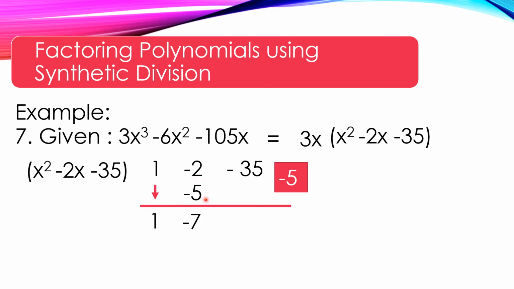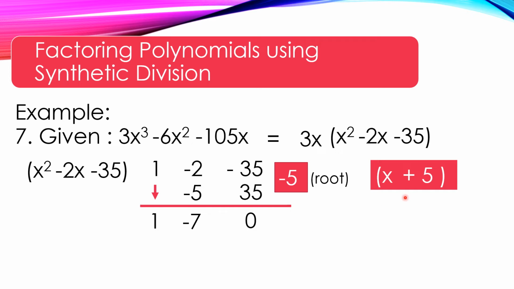So, negative 2 plus negative 5, that is negative 7. Then again, multiply negative 7 times negative 5, that is positive 35. Then add negative 35 plus 35, that is 0. So, negative 5 is the root since the remainder is 0.